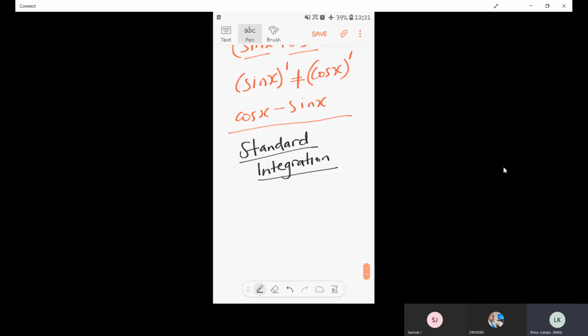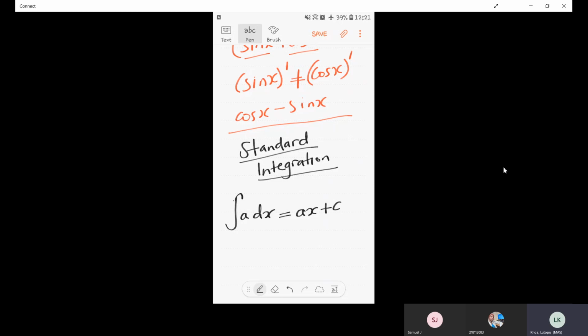So the first one, the integral of a dx. Here I am integrating a constant. When I integrate a constant, I get ax plus c. It doesn't matter what your constant is.